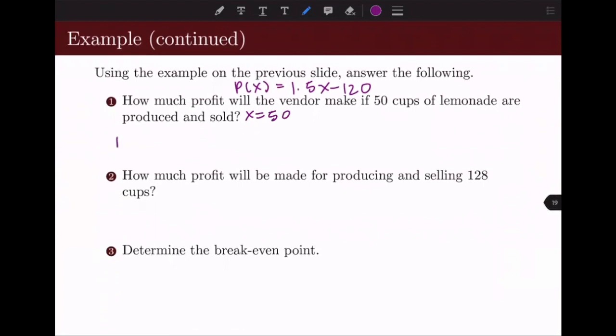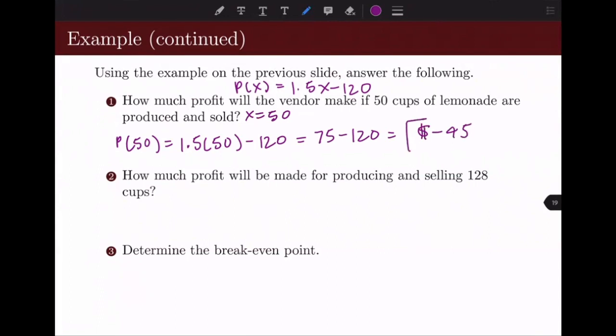So we'll have P of 50 is equal to 1.5 times 50 minus 120, which is going to be equal to 75 minus 120, which equals negative $45. So what this is saying is we are going to lose money if we only sell 50 cups.